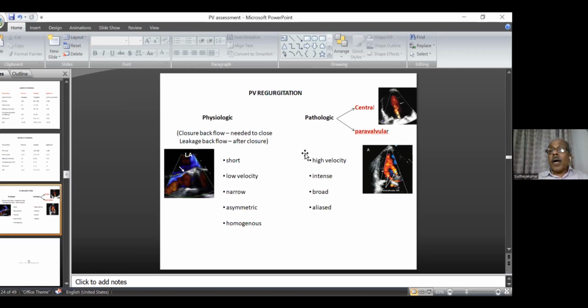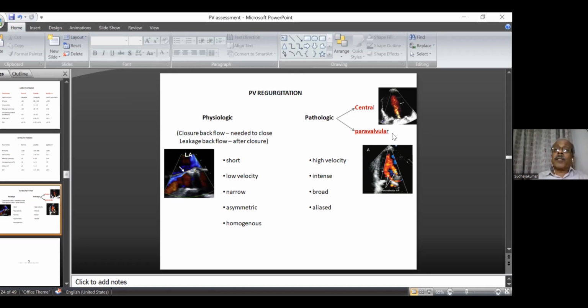Pathologic regurgitation is high velocity, intense, and broad. You look at the difference, and aliasing occurs, which could be central or paravalvular. That is how to make sure whether it is physiological or pathological. Once it is pathological, you have to say whether it is central, due to the closure mechanism, or paravalvular, related to the annular suture.